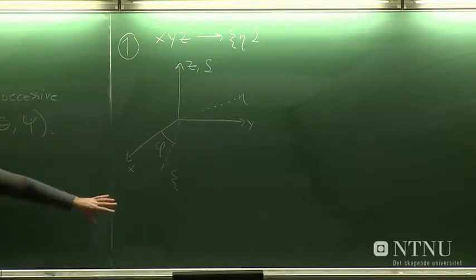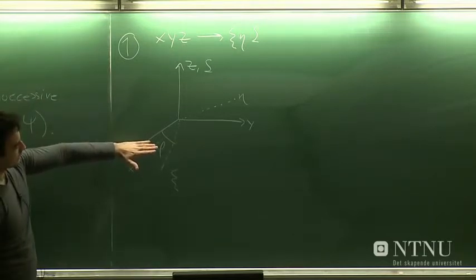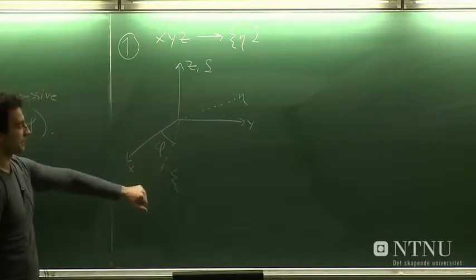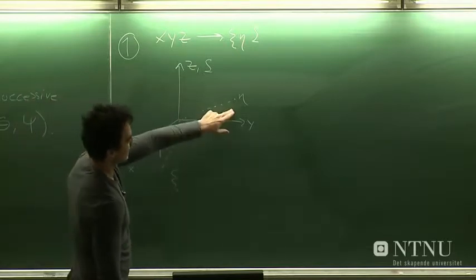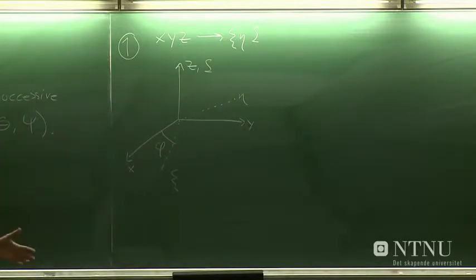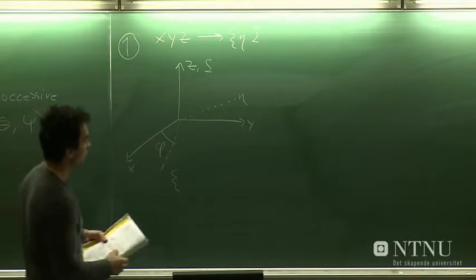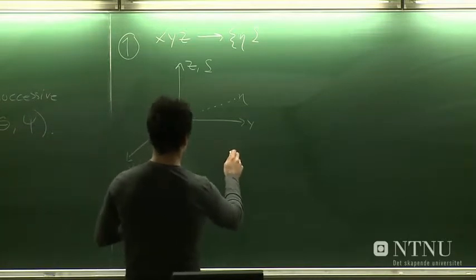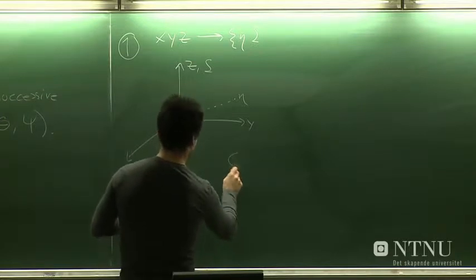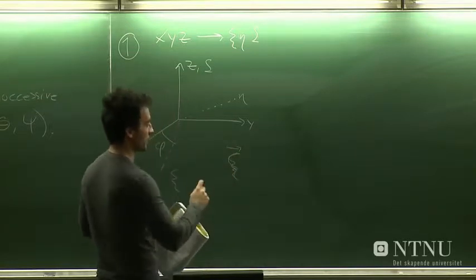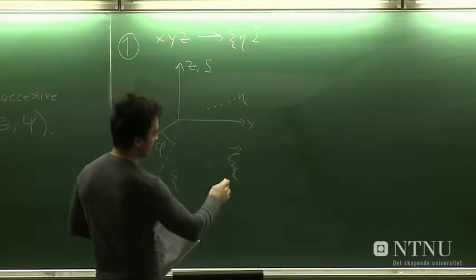So here's the first step. We're rotating the system around the z-axis with an angle phi. So that these are the xi and eta axis. And so we see that the z and the zeta axis coincide. So according to this, we can write, let me just add a vector sign to underline that this is a vector.